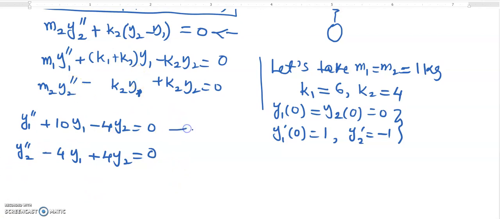We have these two equations, which I can call equation 1 and equation 2.